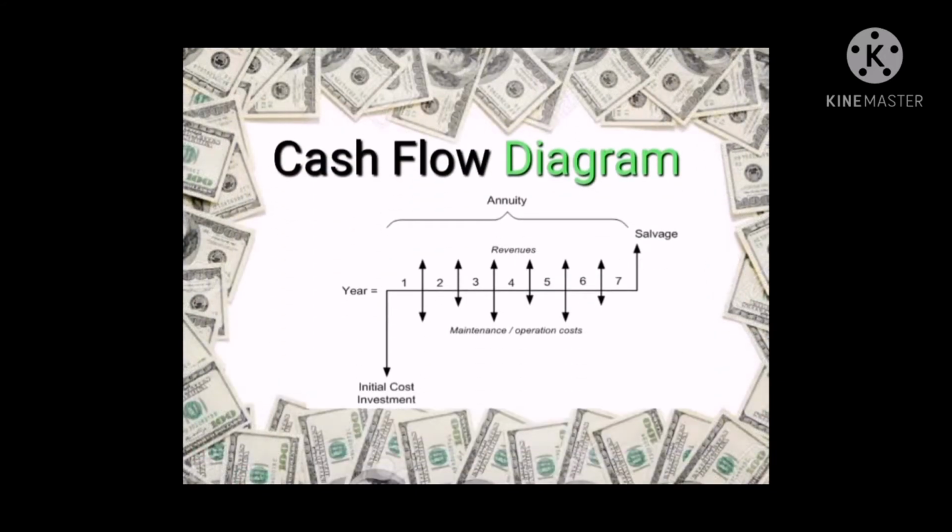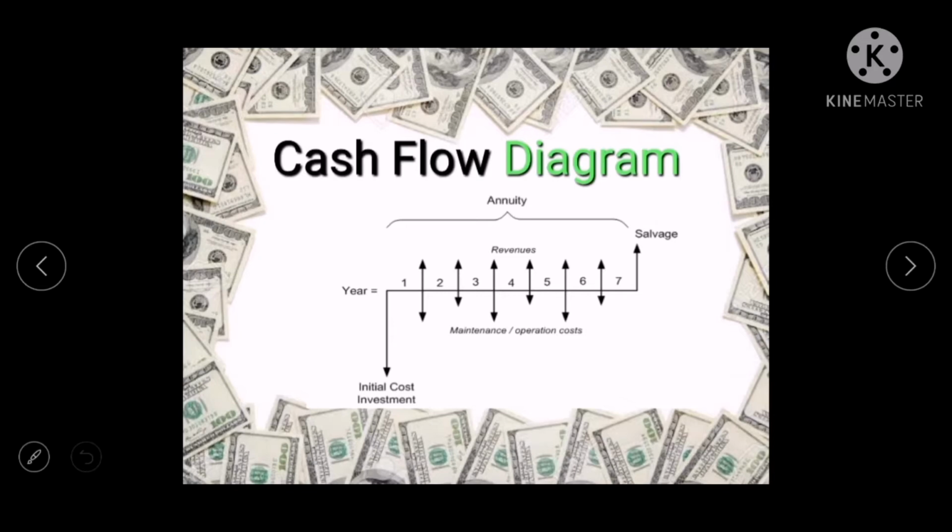A cash flow diagram allows us to capture the magnitude, type, and timing of individual transactions over the period of a project, helping us to form the basis of engineering economic analysis.